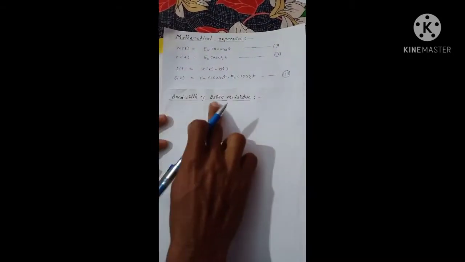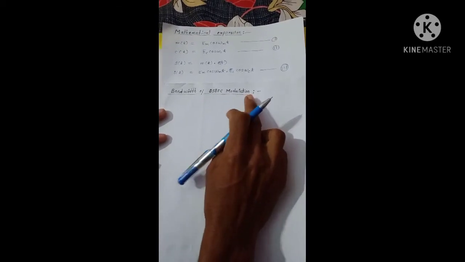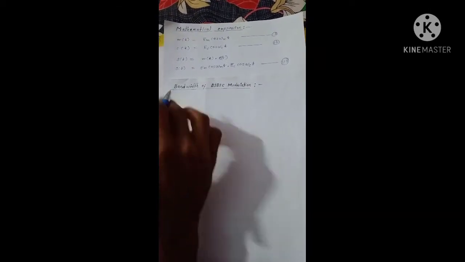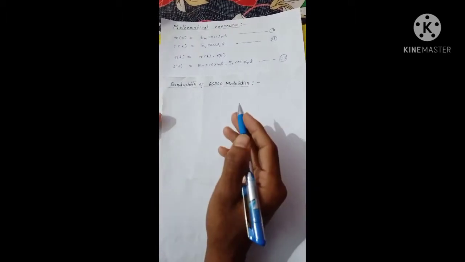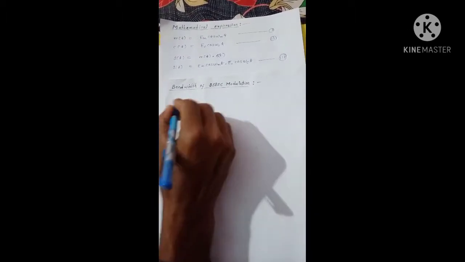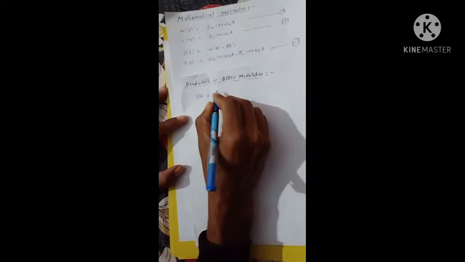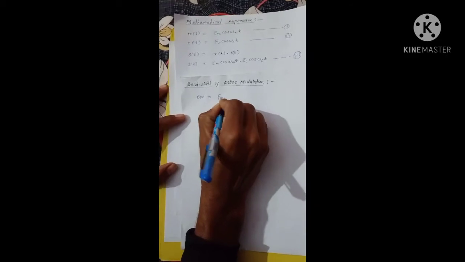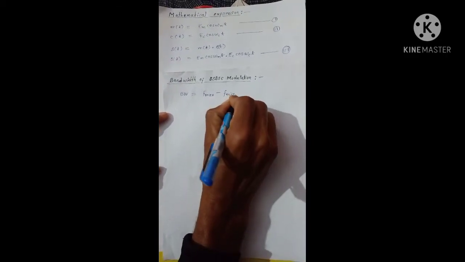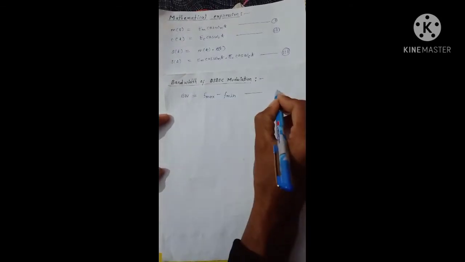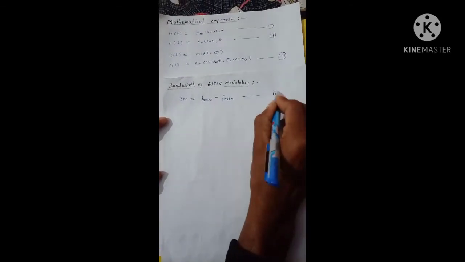Now we will discuss the bandwidth of DSBSC modulation. We know that the formula of bandwidth is BW equal to f maximum minus f minimum. Let this be equation fourth.